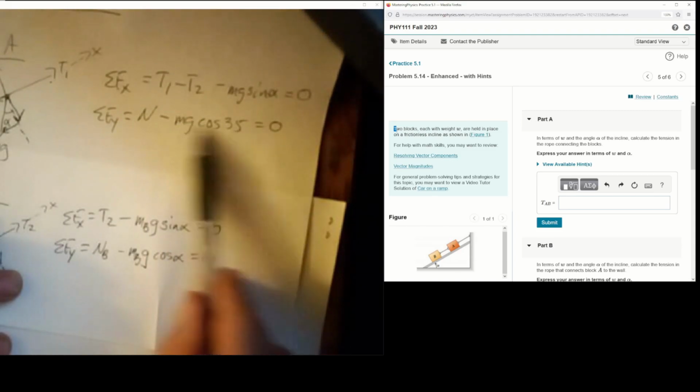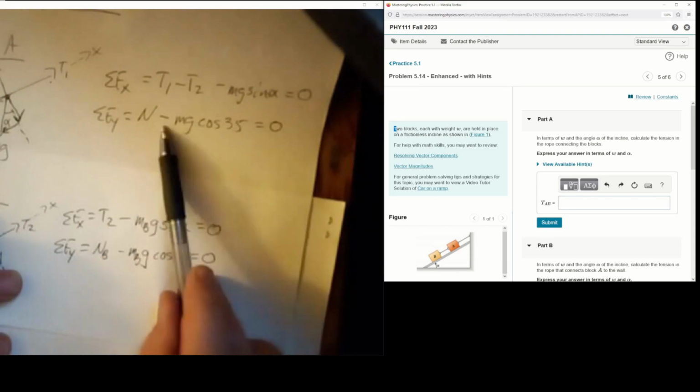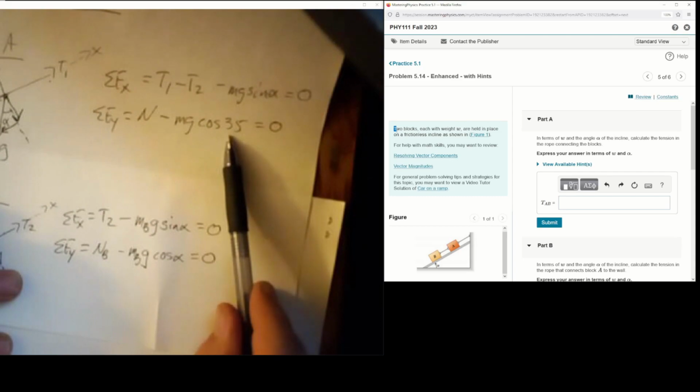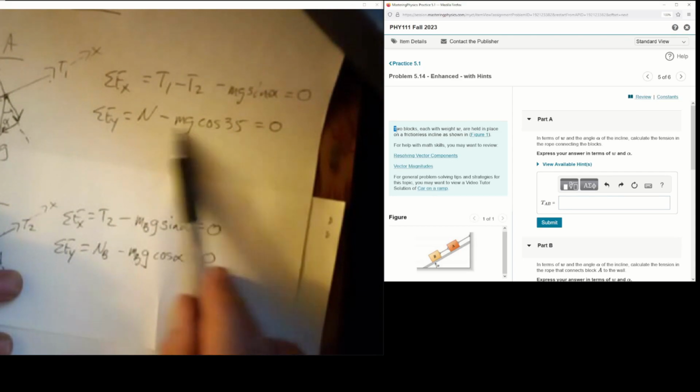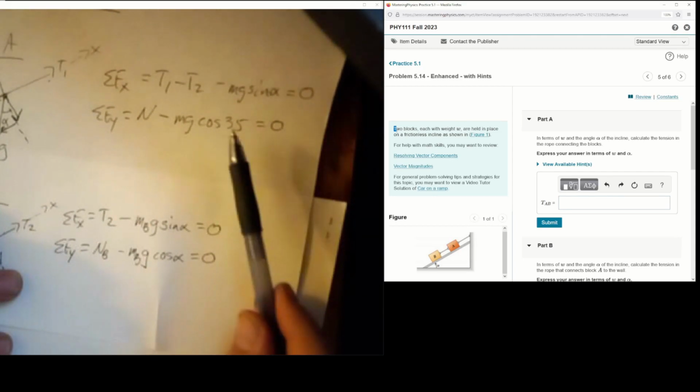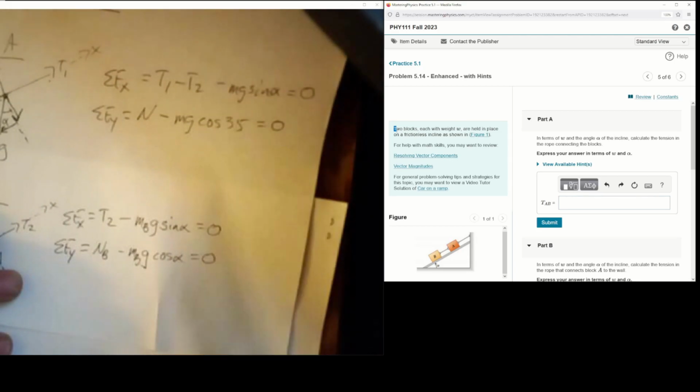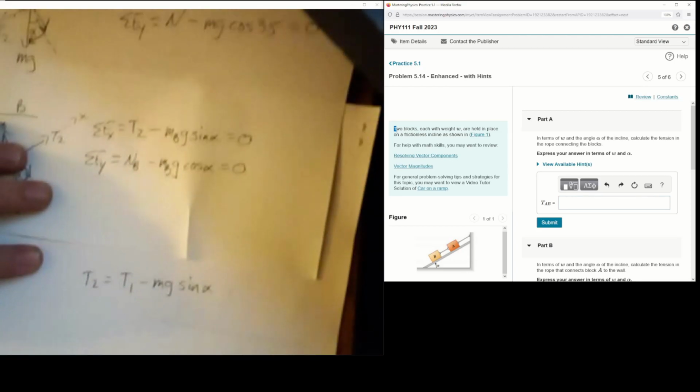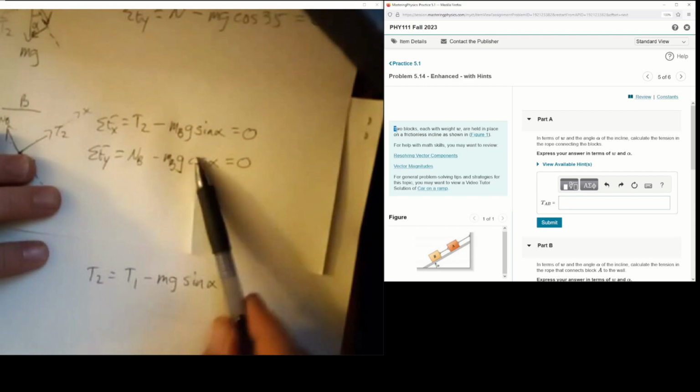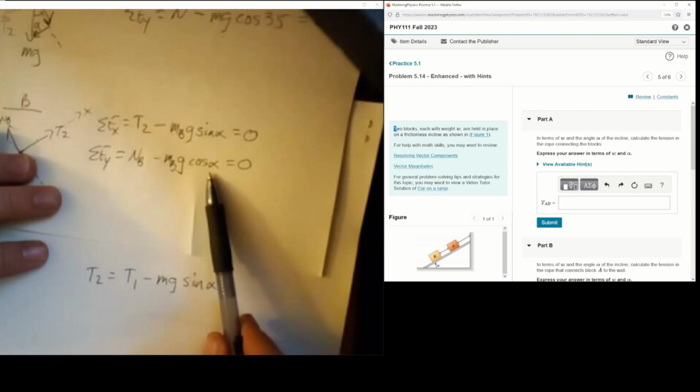Now the second equation doesn't have any tension in it, so how's that going to help us? We need to find tension, and there's nothing in this equation that's got tension, so it's not going to help us here. If we go to this block B, again, the y direction has no tension in it, so not going to be helpful to us.